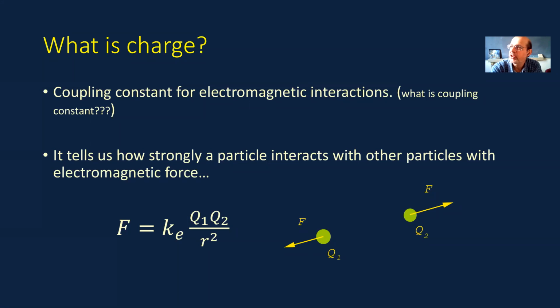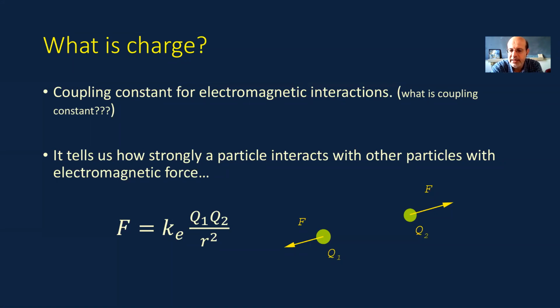So for each type of force, there is a quantity that tells us how strongly that particle interacts with this other particle. And this quantity is the coupling constant, okay? So basically, the charge is the coupling constant for electromagnetic interactions.